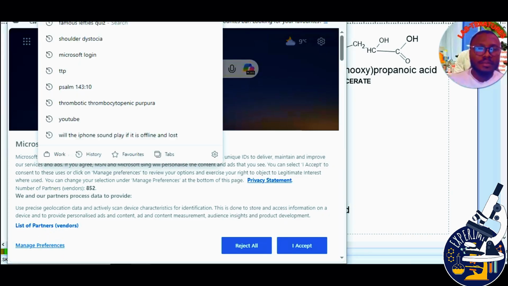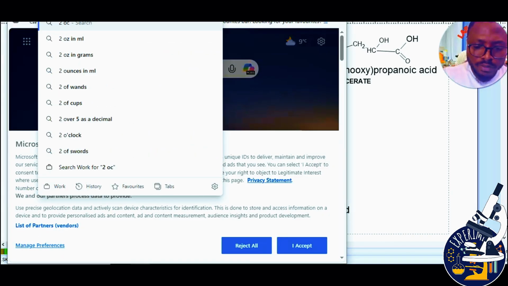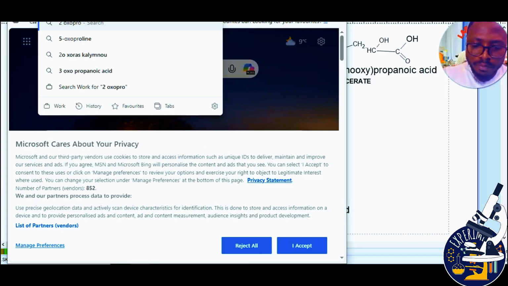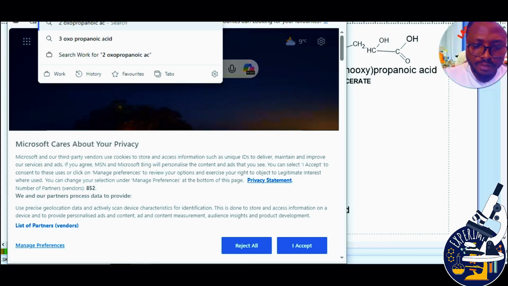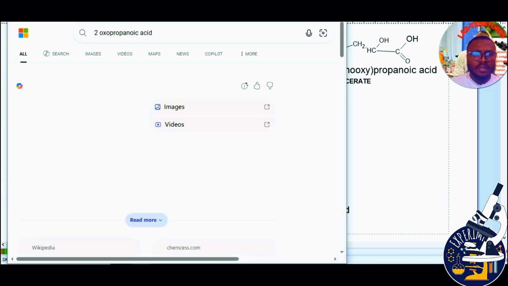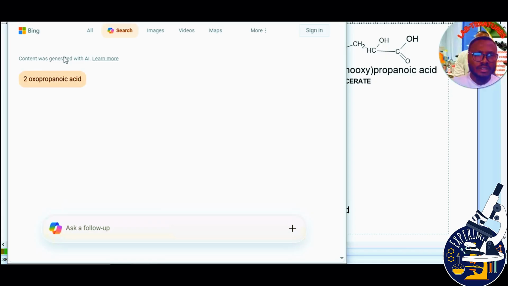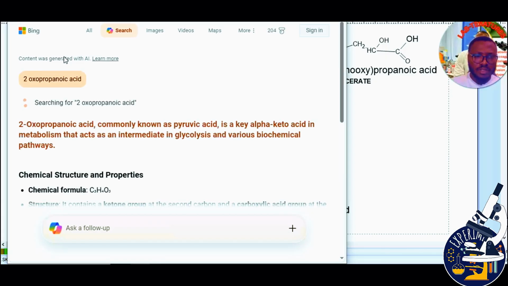Now let me type 2-oxopropanoic acid. Okay, 2-oxopropanoic acid, commonly known as pyruvic acid.